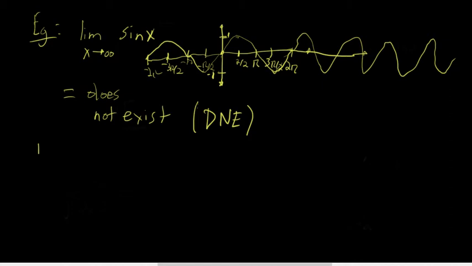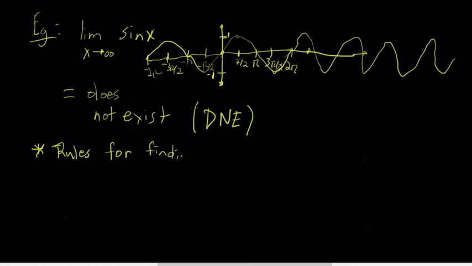Okay, we'll look at a couple more examples, but before I continue, I have to mention one thing. The rules for algebraically evaluating limits as x approaches infinity are identical to those as x approaches a particular value. So all the properties we looked at a few videos ago apply for limits at infinity as well.